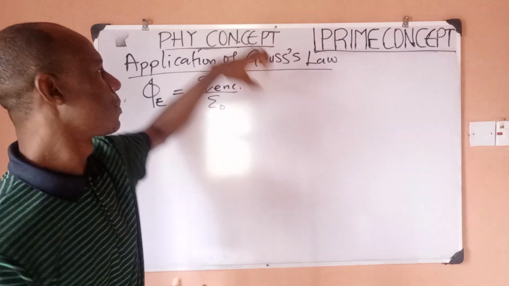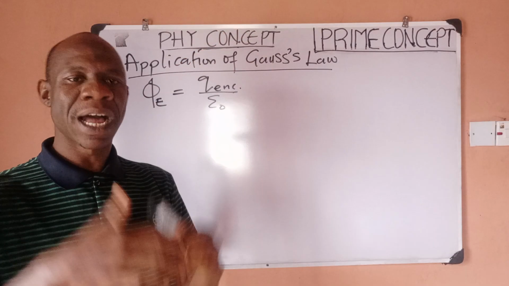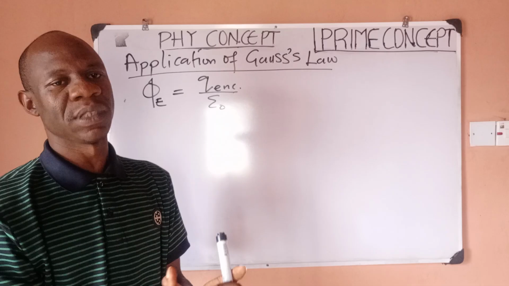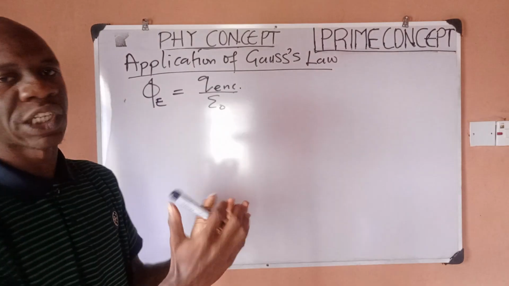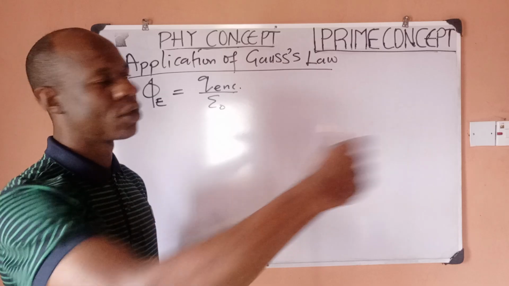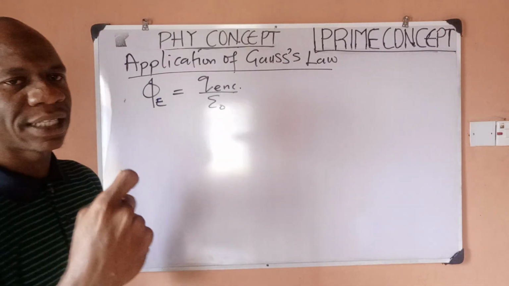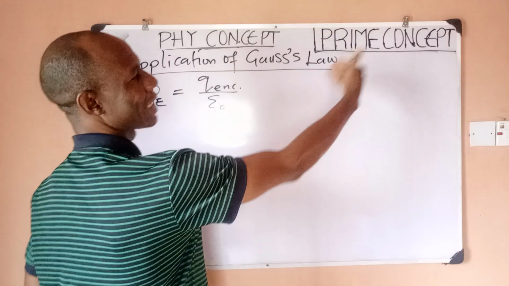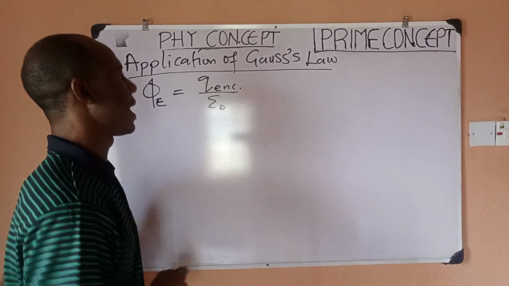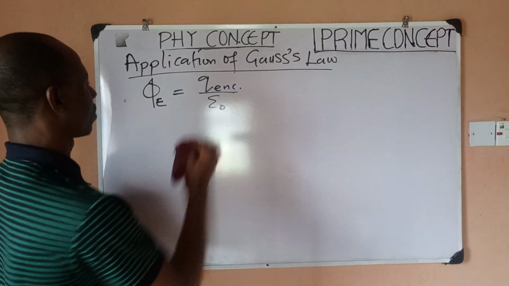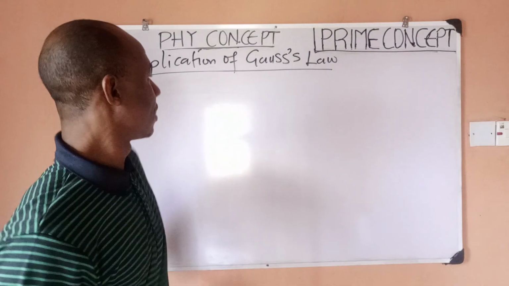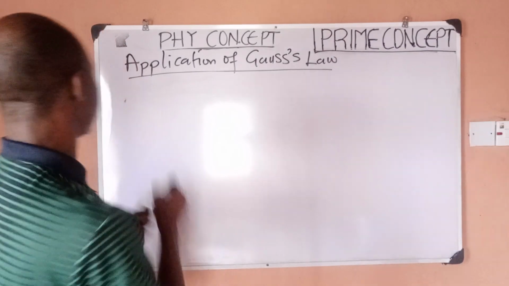Now I want to look at how we can use Gauss law to determine electric field at certain points when you have a charge enclosed. That charge would radiate electric field. So we want to look at what will be the strength of the electric field at certain points from the charge that is enclosed. So the first application of Gauss law we would consider in this video is electric field.